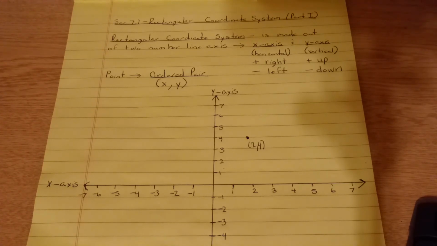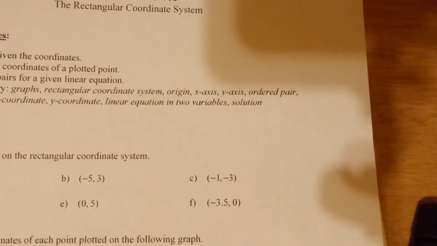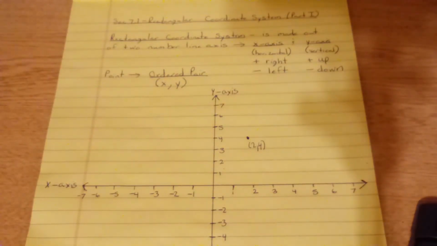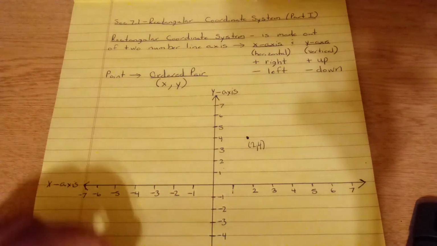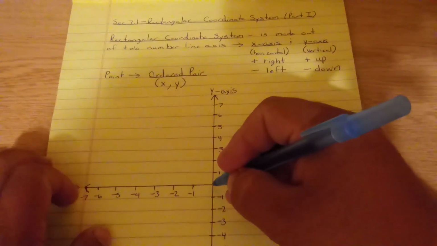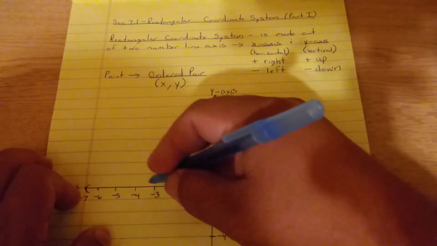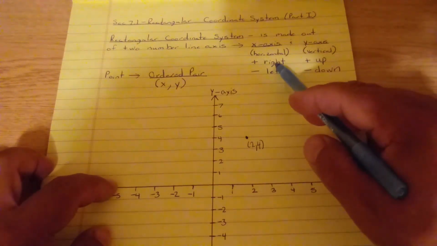The next ordered pair that they're giving you, in letter B, is -5 and 3. So remember, you always start from the center. Since it's -5 for the x, it's going to go 1, 2, 3, 4, 5. Remember, if it's positive, it moves to the right.